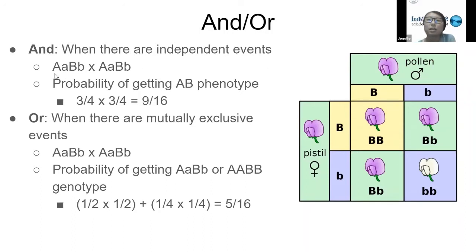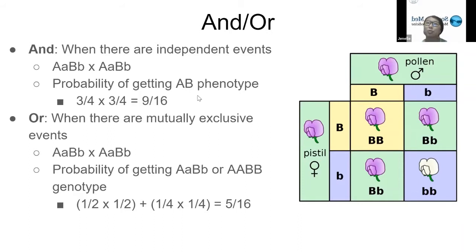So for the example of the dihybrid cross here, we are looking for a probability of getting the A and the B phenotype, right? And so here we would have 3/4 times 3/4 equals 9 out of 16 getting the AB phenotype.